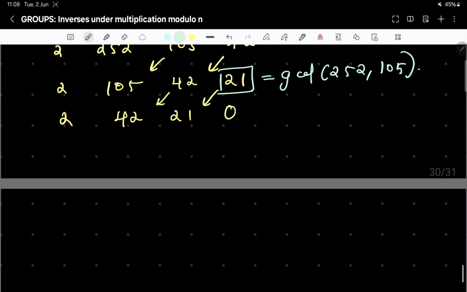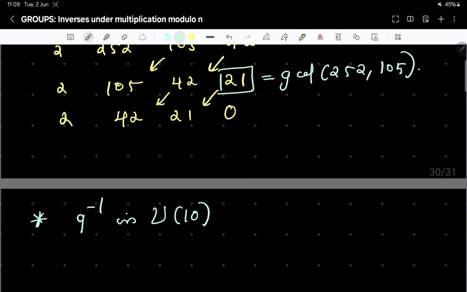Now how is this helpful? So this algorithm to find out, we are coming to our problem. Suppose we want to find 9 inverse in U10.